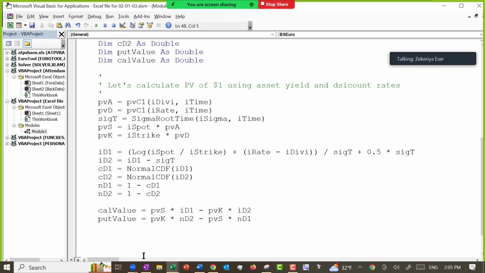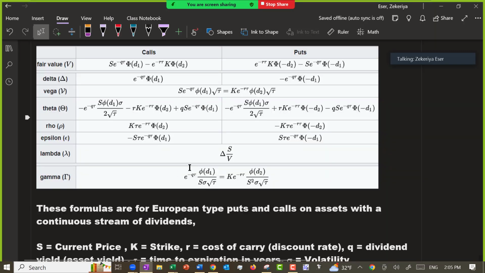Let's look at what you want to call Greeks. Deltas are easy, okay? Vega is going to involve the PDF, but let's get there first.